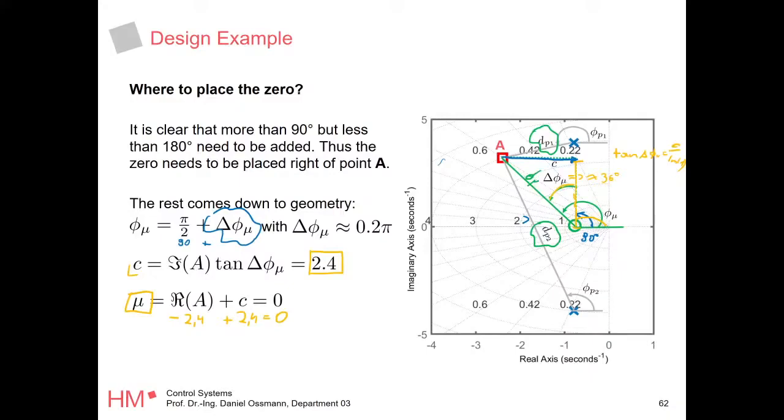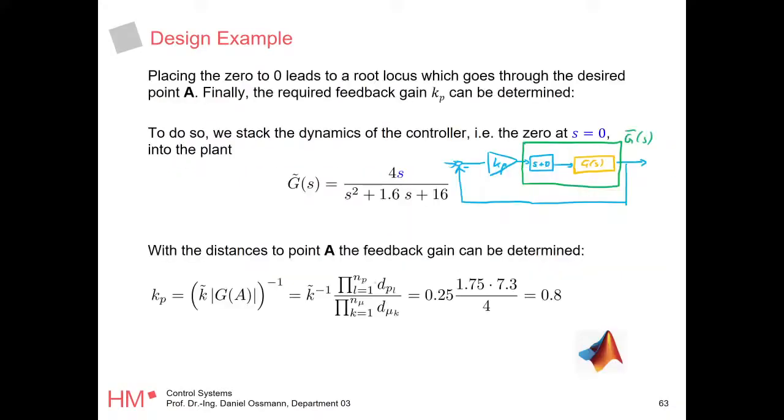And if you do that, it's simple Pythagoras, right? You get values of 1.7573, and this comes from our zero. Plug everything in and you get a gain of 0.8. So now we have a controller, and our PD controller R of S is nothing but 0.8 times S, right? Because it's S plus 0 and this is 0.8 S.